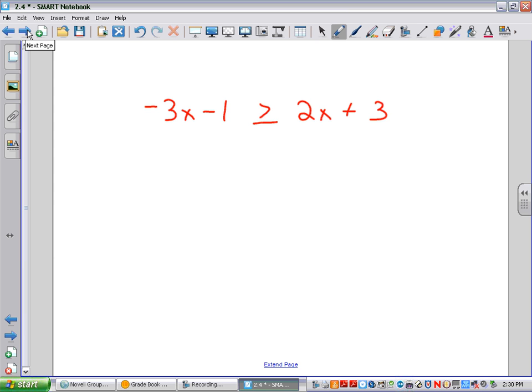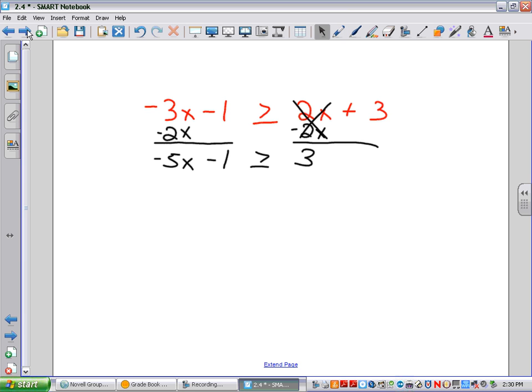Let's solve this. I would start off by subtracting 2x. That would give me negative 5x minus 1. It's greater than or equal to, this is gone, so I just have the 3. Then I would add 1 to both sides. So here's my opposites.